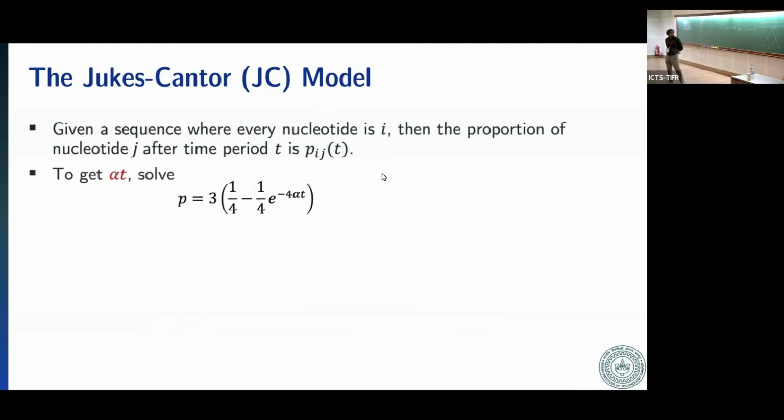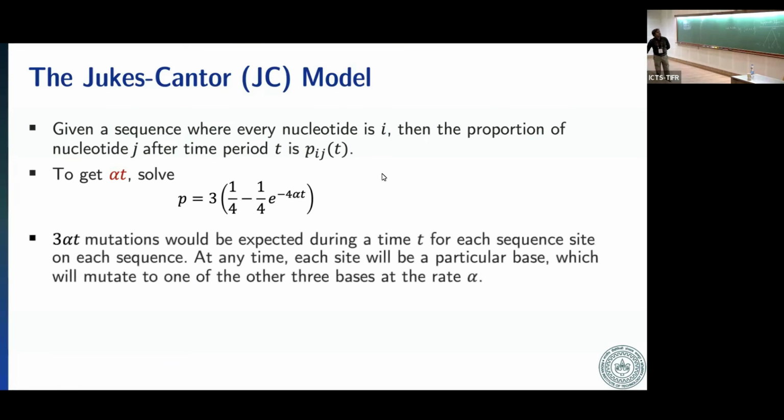Once we have this, we can try to solve the issue of correcting the distance, okay? And then we can solve this particular equation, again coming from the previous transition probabilities.